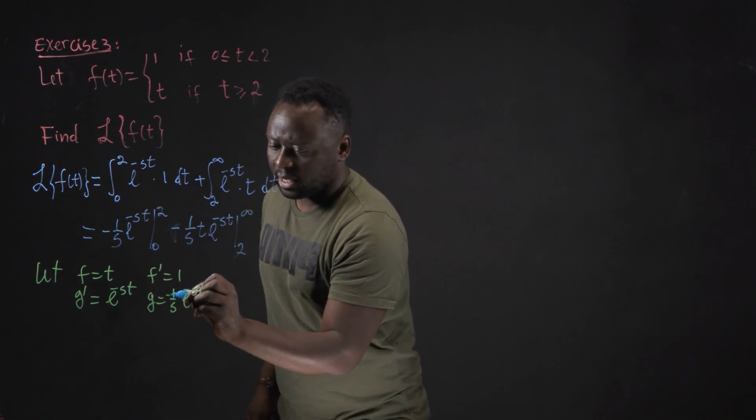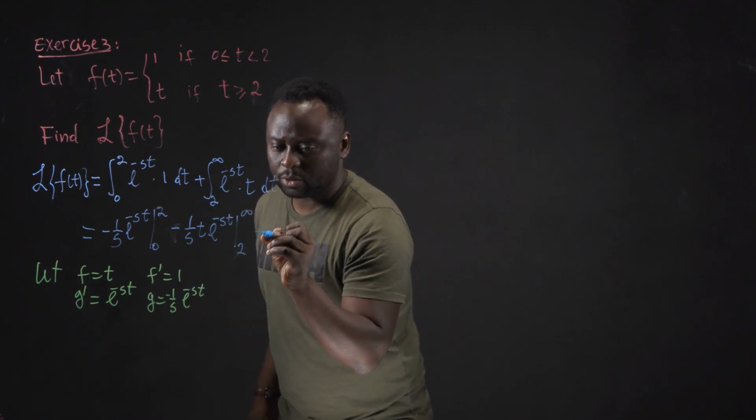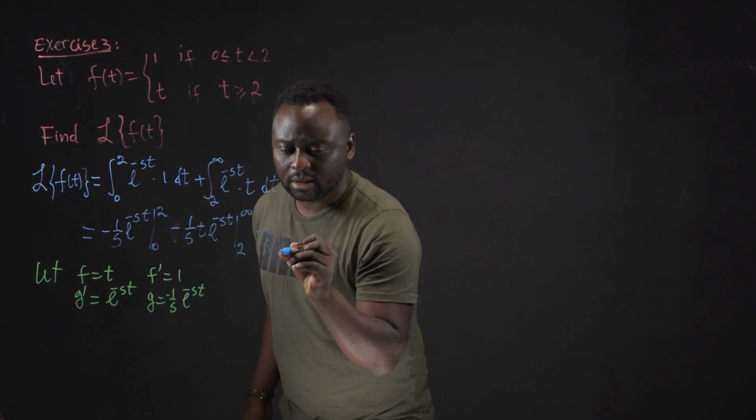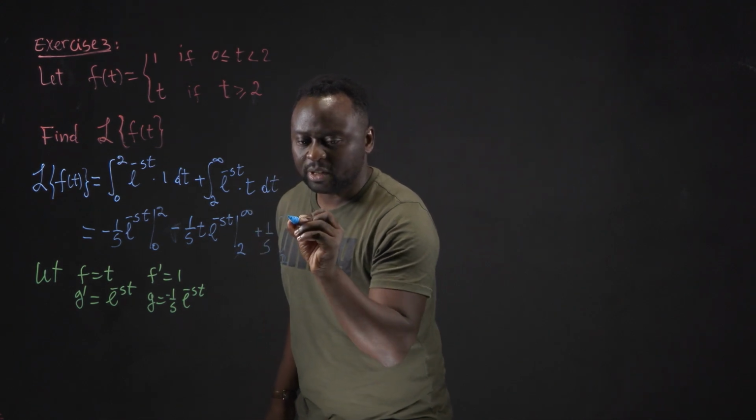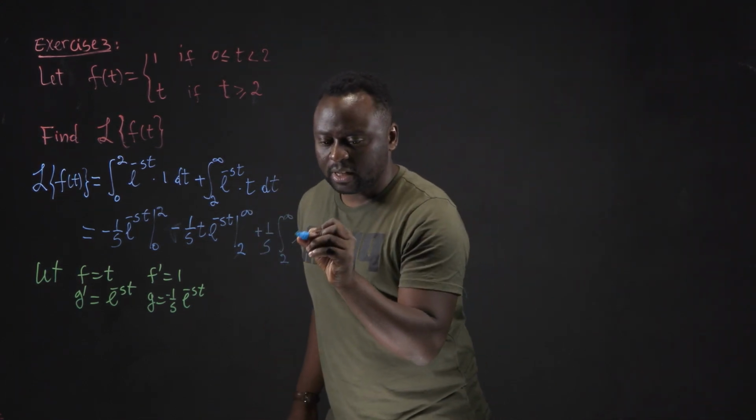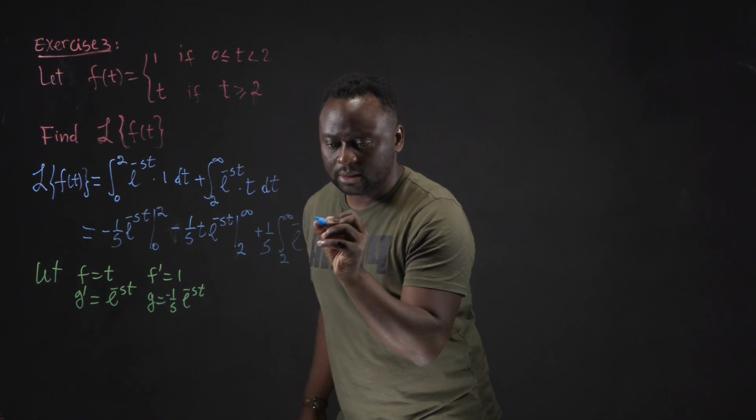Negative sign times negative is positive, so plus 1 over s, the integral from 2 to infinity of e to the power minus st dt.